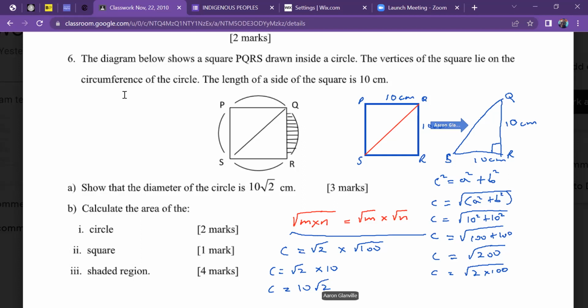There we go. So you start using Pythagoras theorem. If we did it the other way, again C equals the square root of A squared plus B squared, sir. So wouldn't you still get the same number?